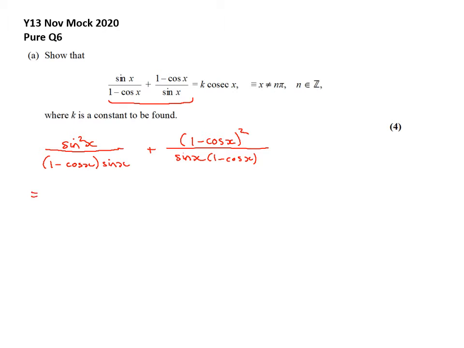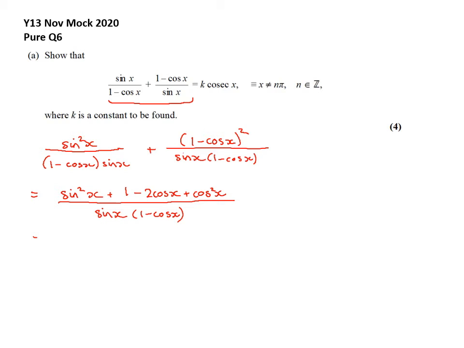So I can now combine them as a single fraction, sine squared x plus, expanding out that bracket, 1 minus 2 cos x plus cos squared x, and that is all over sine x times 1 minus cos x.